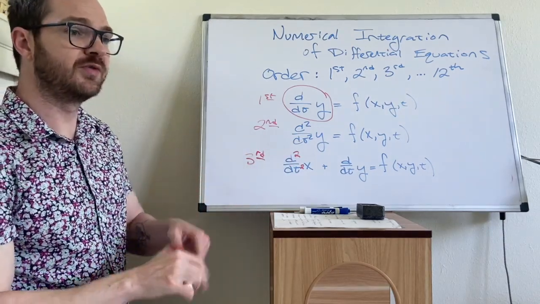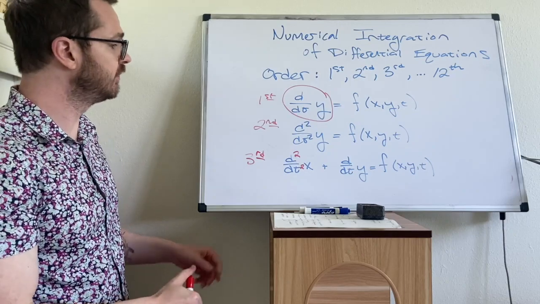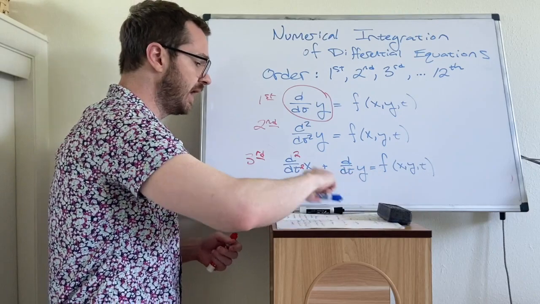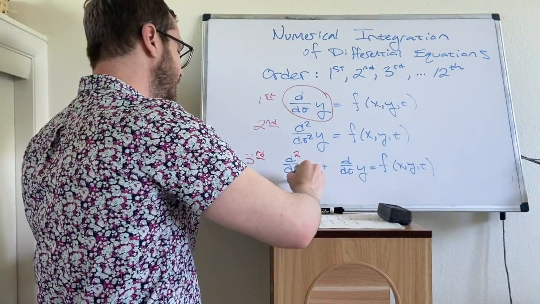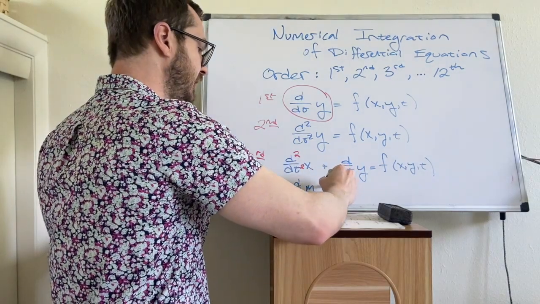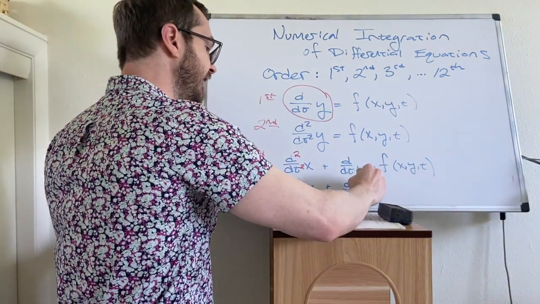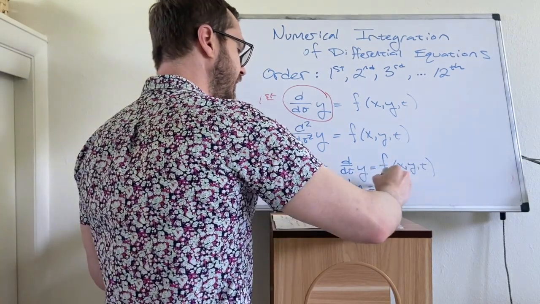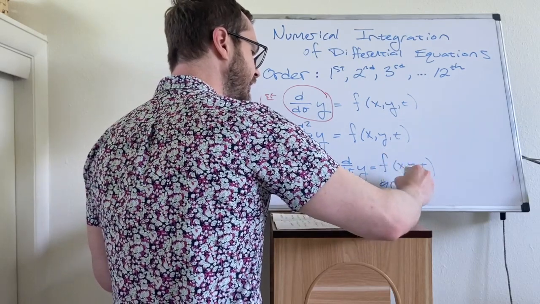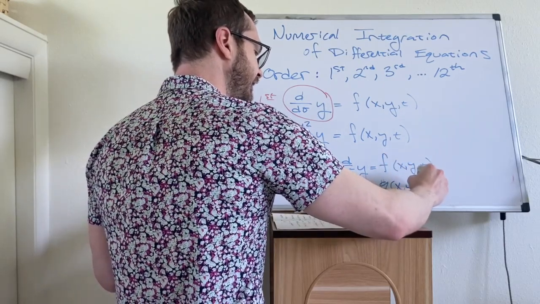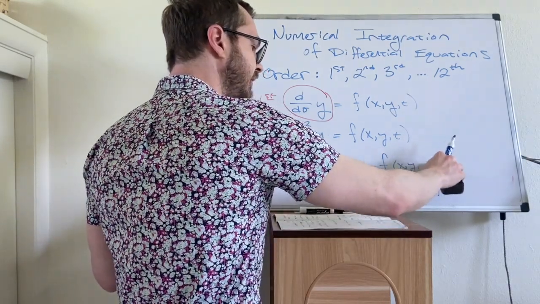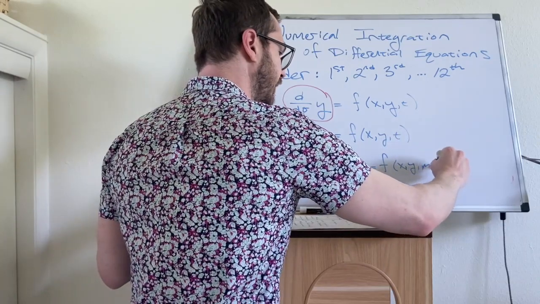Also, you can work with systems of differential equations. For example, what if we had this equation, the one on bottom, and then we combined it with another equation, let's say d/dt of m and d/dt of n, and this is some other function. We can say g, and this one is also a function of the states m, n, and we could add m and n to the previous equation as well.